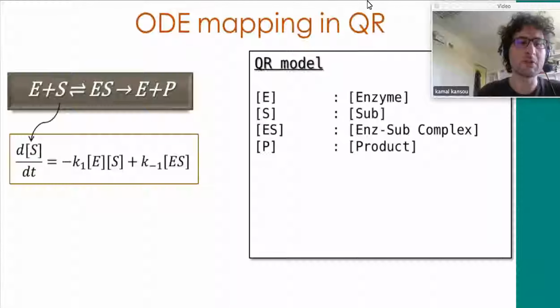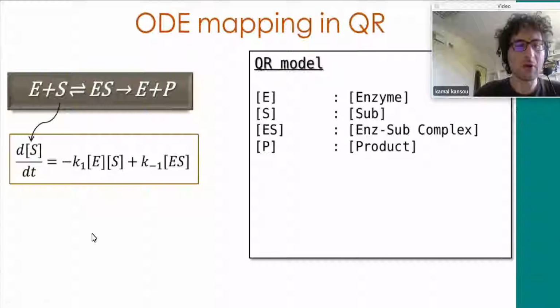So this is represented here. We can see that the first reaction is reversible because you can produce the complex enzyme-substrate from enzyme plus substrate, but also the complex is not stable and can form enzyme and substrate again. So it's not a one-way reaction here.